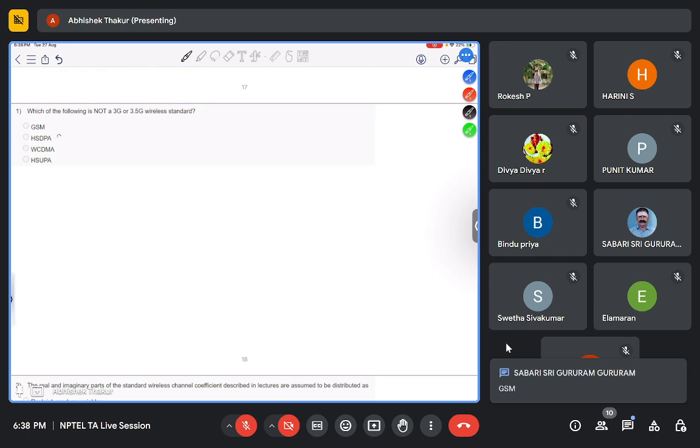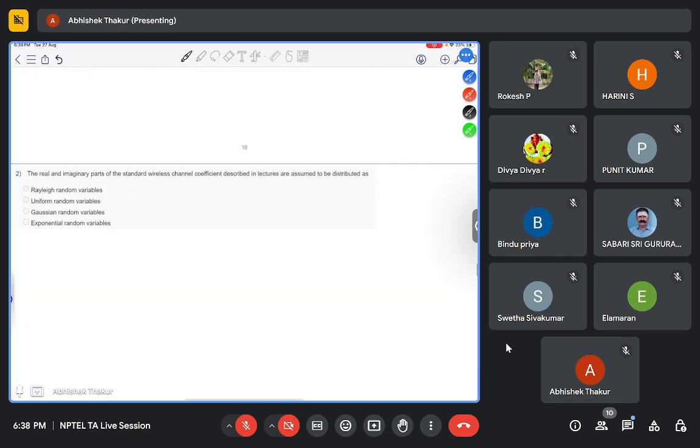We all know that HSDPA, HSUPA, and WCDMA are 3G or 3.5G wireless standards. GSM is the correct answer. This is not a 3G or 3.5G, it's a 2G standard. So option A is correct.